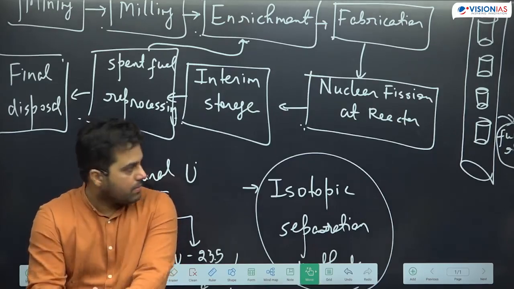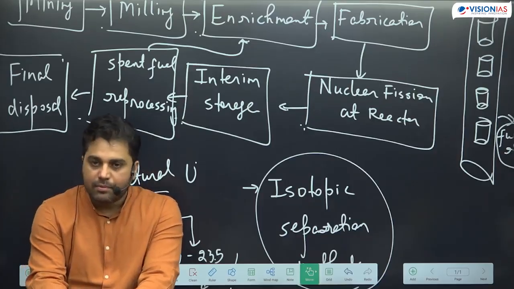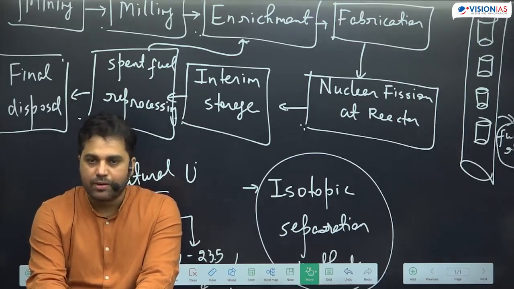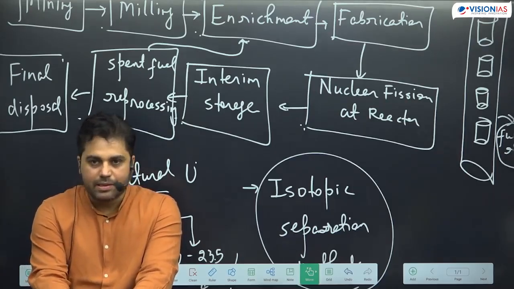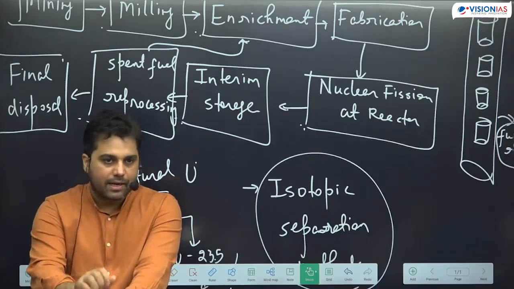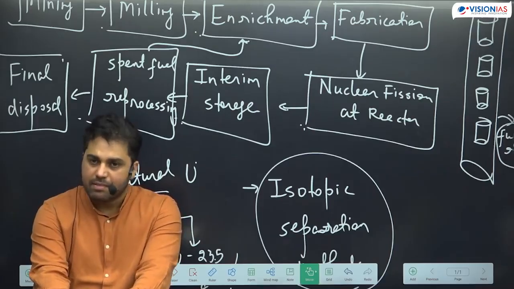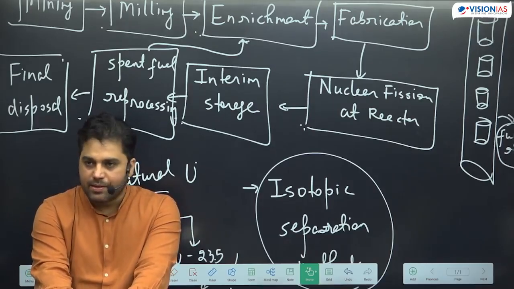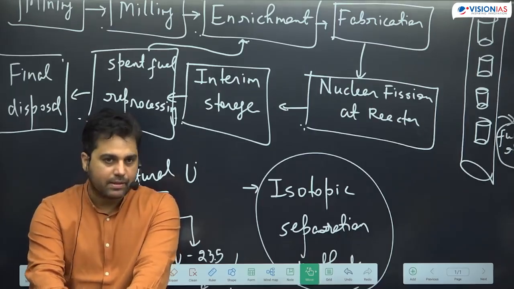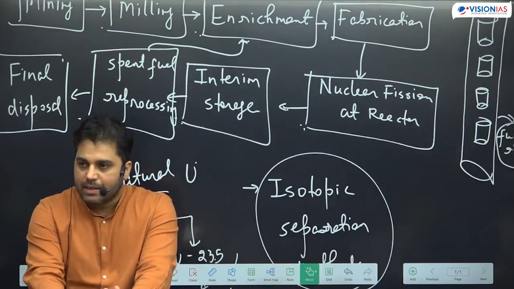But this challenge is the biggest when it comes to nuclear waste. Nuclear waste is not simple waste. It is one of the most dangerous wastes out there. It is highly radioactive. I will explain radioactivity in today's class itself, if time permits. It emits dangerous radiation of alpha, beta, or gamma particles. I will explain what those alpha, beta, and gamma are.